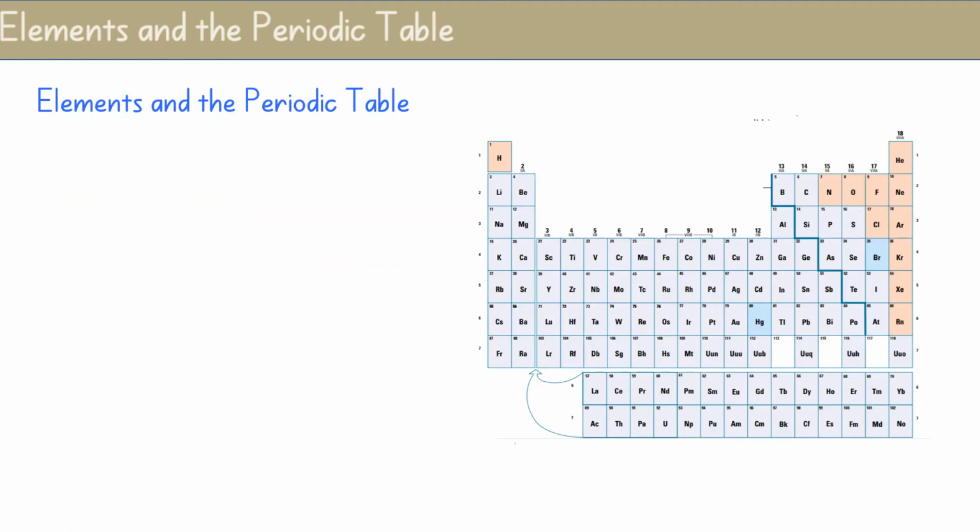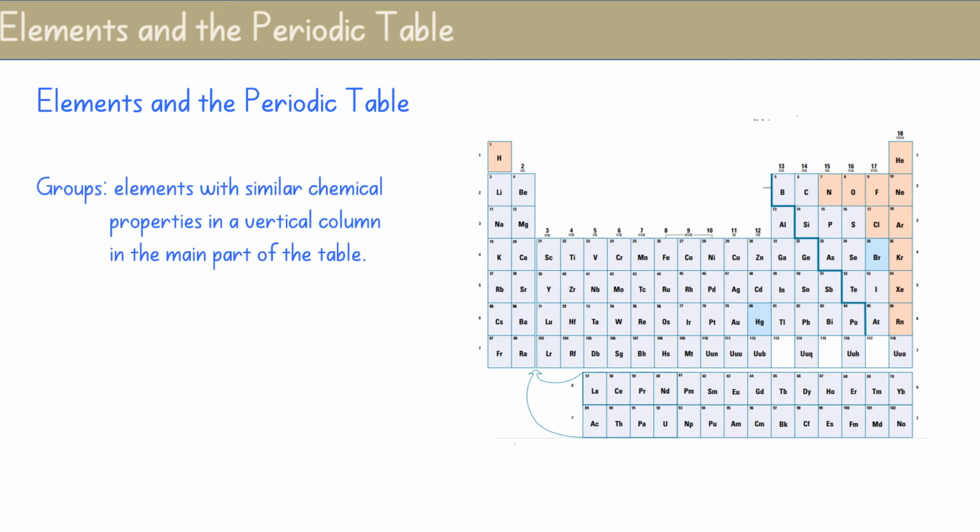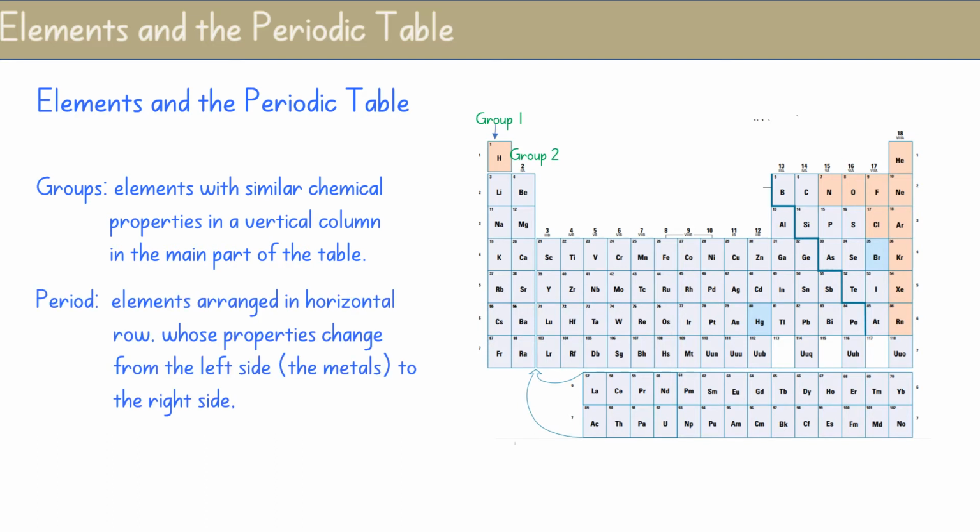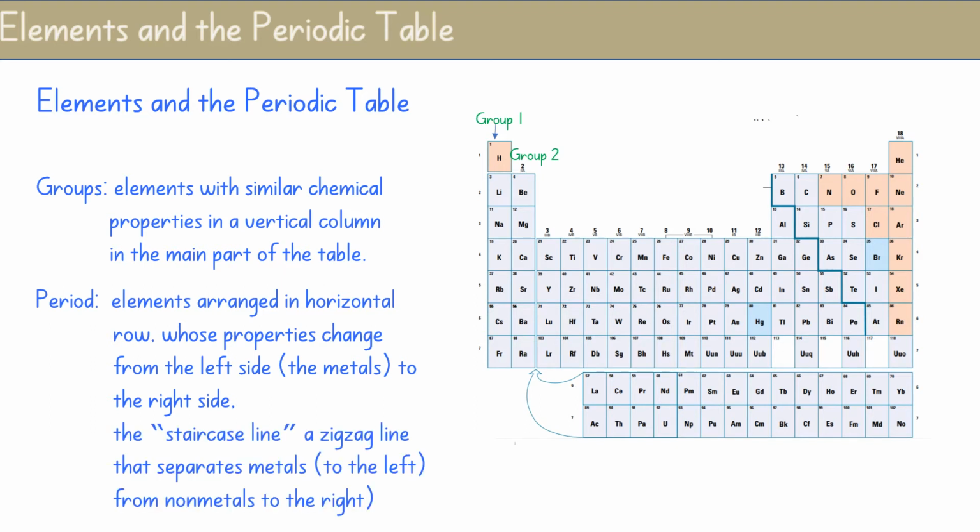So here's the modern periodic table. Groups are the elements with similar chemical properties in a vertical column in the main part of the table. Period: elements are arranged in horizontal rows whose properties change from left side, the metals, to the right side.